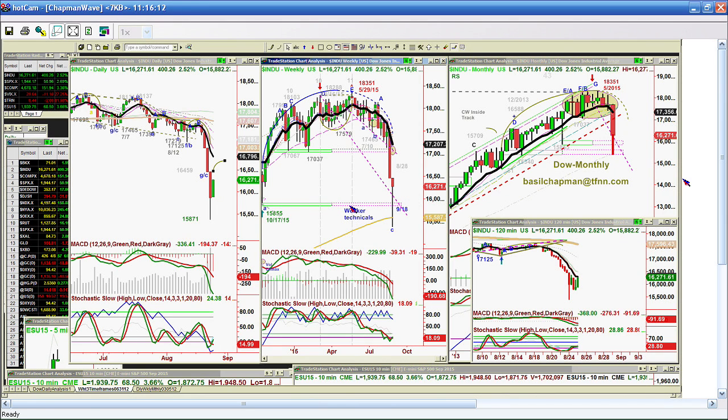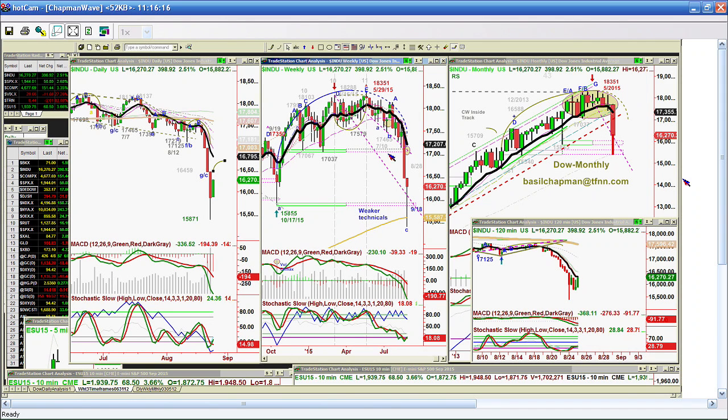Look, the left side green, right side dashed pink, with the Chapman wave inside wedge suggested that we should take out the 15,855 October low sometime by the 18th of September. We've taken it out in an earlier time frame, a few weeks earlier, and that suggests that speed is important, and it suggests that you've got another chance to make this pattern that I call the arch formation. Okay, so here we are.